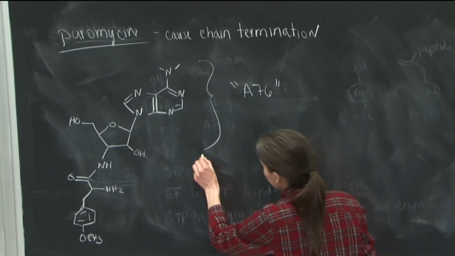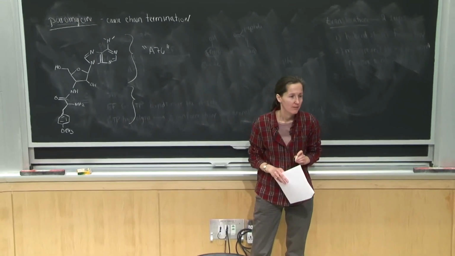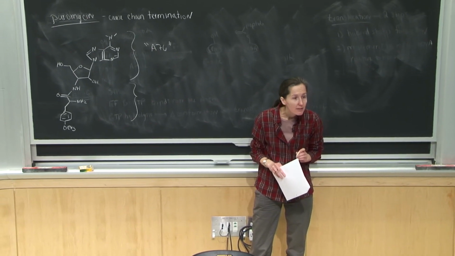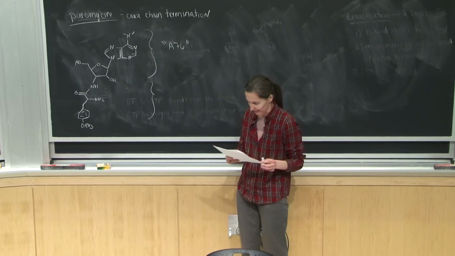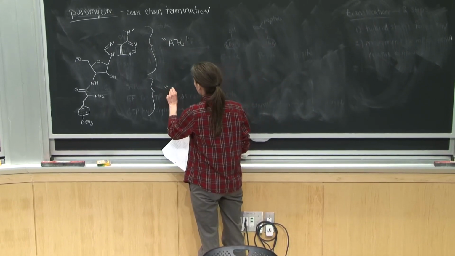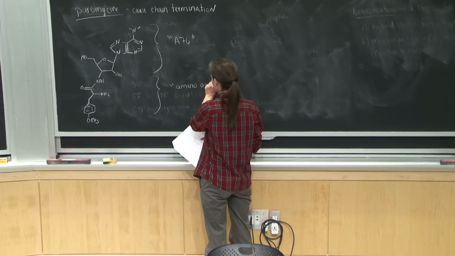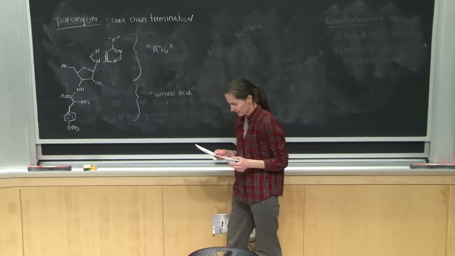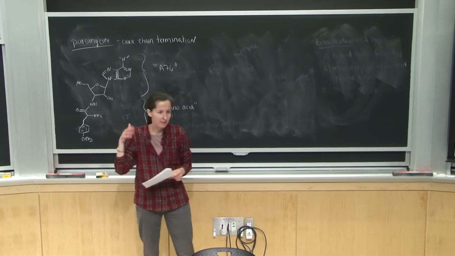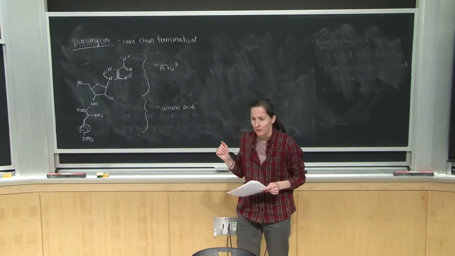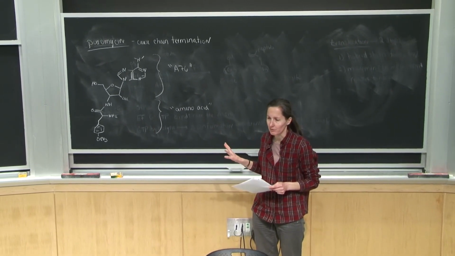What's going on down here? Yes, it's similar to an amino acid, or a peptide. So we have something here that's amino acid-like. If we're thinking about this as a mimic of the 3' end of the tRNA with the amino acid bound, what's fundamentally different here that's going to result in different chemistry happening?